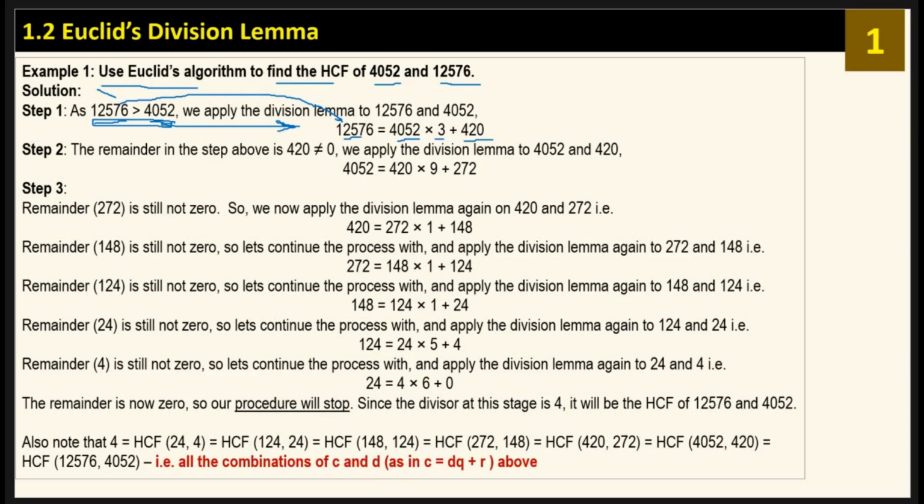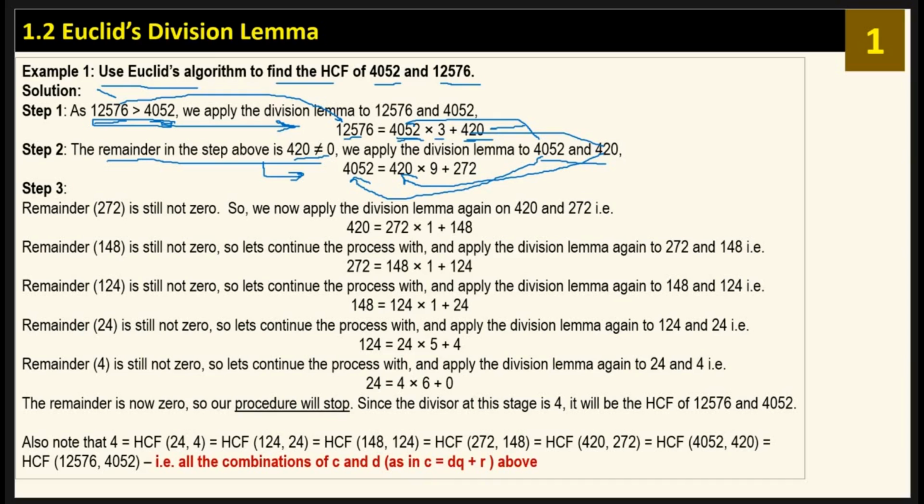This equation has a remainder of 420, which is not equal to 0, so we shall continue to apply the lemma again. When we apply the lemma, the numbers will change. The 420, which is the remainder here, will become the divisor, and 4052, which is the divisor here, will become the dividend.